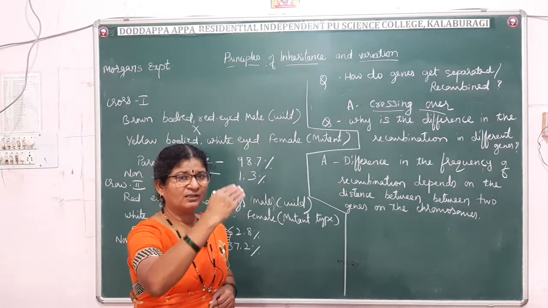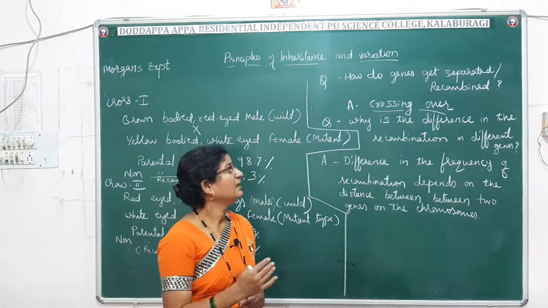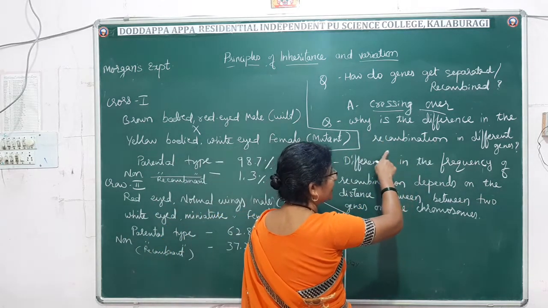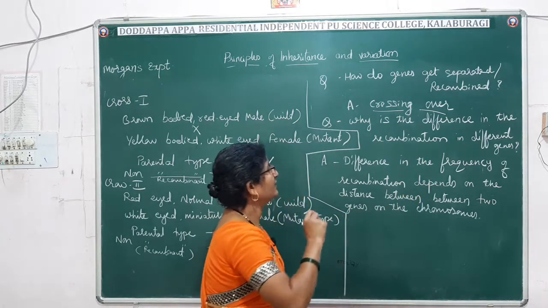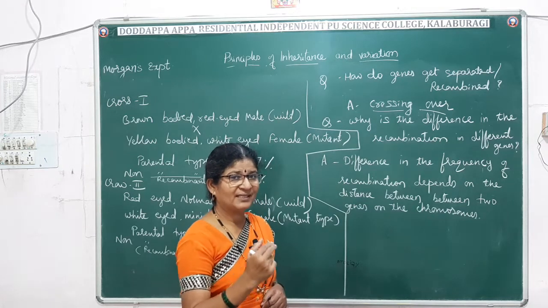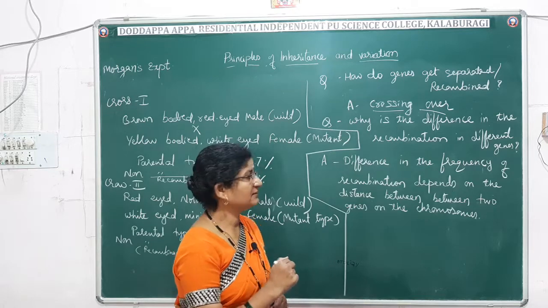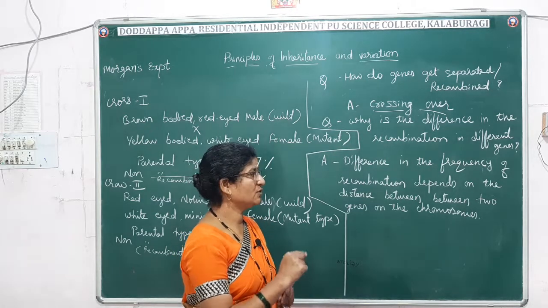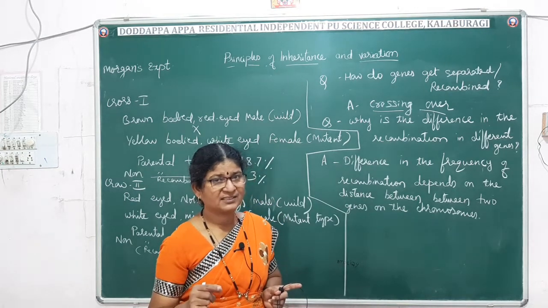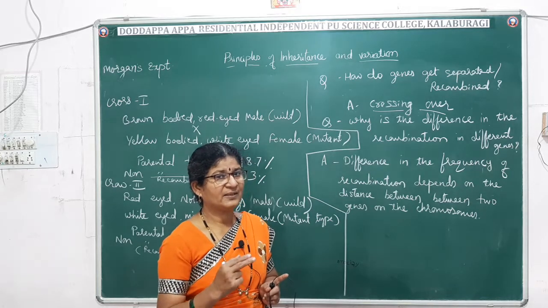You have studied all the 5 substages of prophase 1 in the first year. Fine. And what is the second question? Why is there a difference in the recombination of different genes, a difference in the frequency of the separation of genes? For this, he answered that if genes on the chromosome are located far apart, then the chances of separation are more, and if they are located close together, then the chances of separation are less.